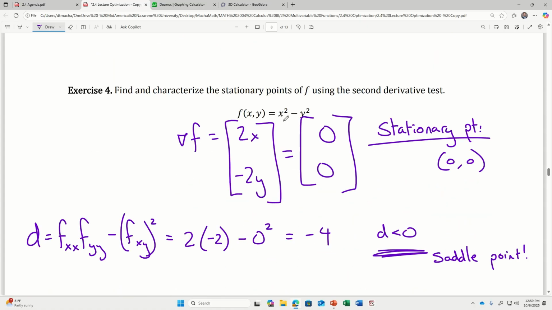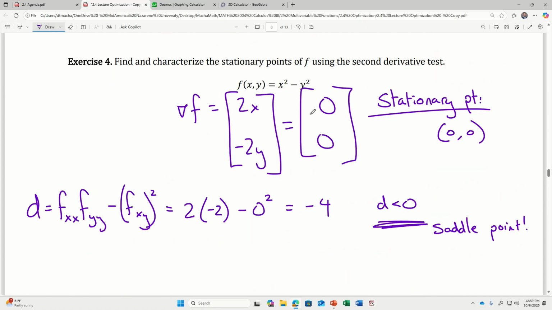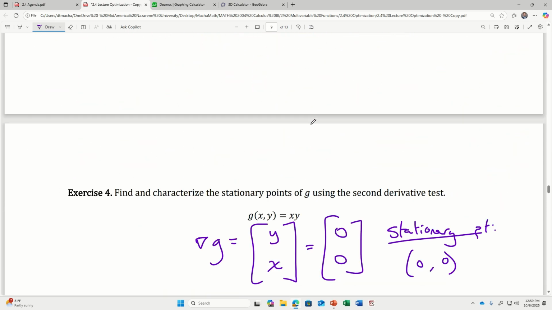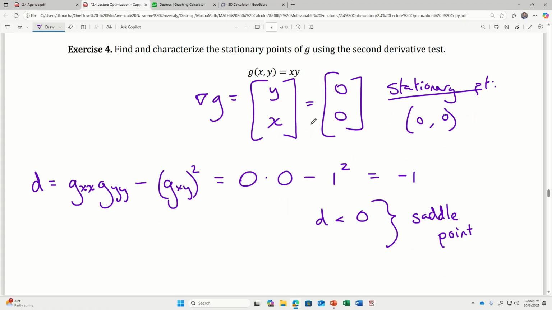So no matter which of the two directions you look in, it was a maximum. This is a nice saddle point, and you can kind of tell from the formula that it's going to be an upward parabola in the x direction and a downward parabola in the y direction. So you get this mixture of maximum and minimum competing and making a saddle point. And those behaviors were always expressed in terms of the second partial derivative with respect to x or y.